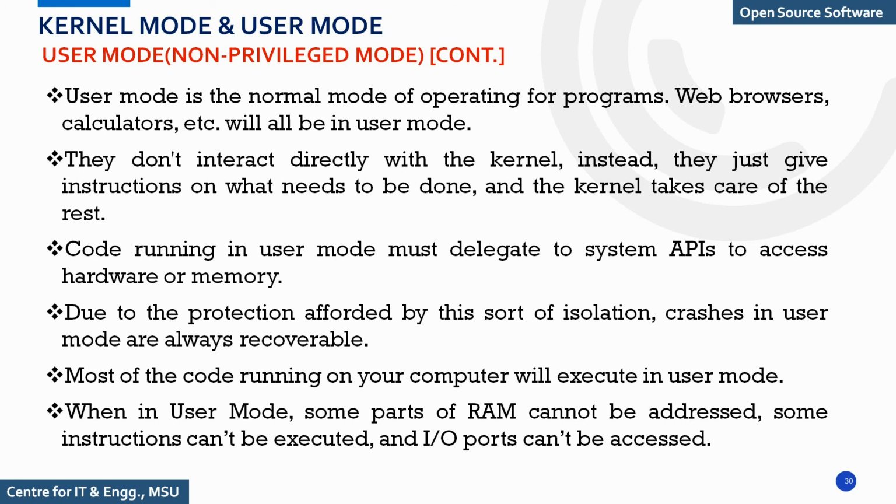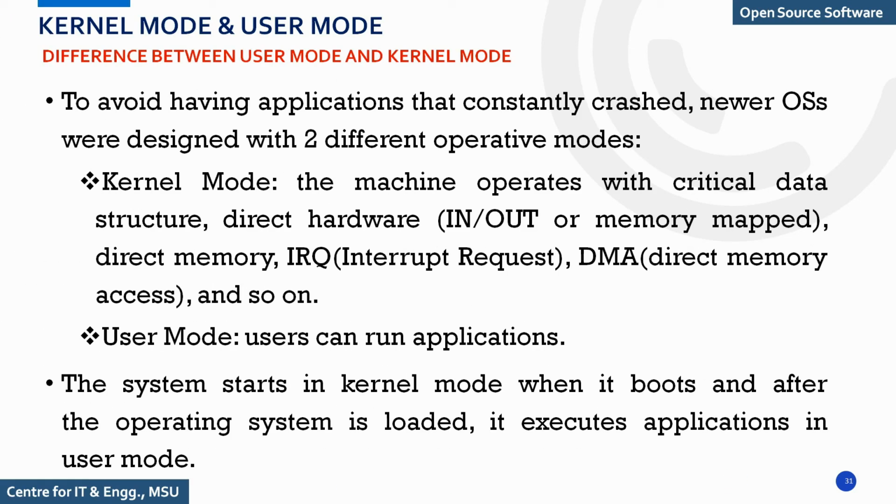When in user mode, some parts of RAM cannot be addressed, some instructions cannot be executed, and some input output ports cannot be accessed. These remaining things, the RAM addresses and the input output ports, will be allocated to the kernel mode. Difference between user mode and kernel mode.